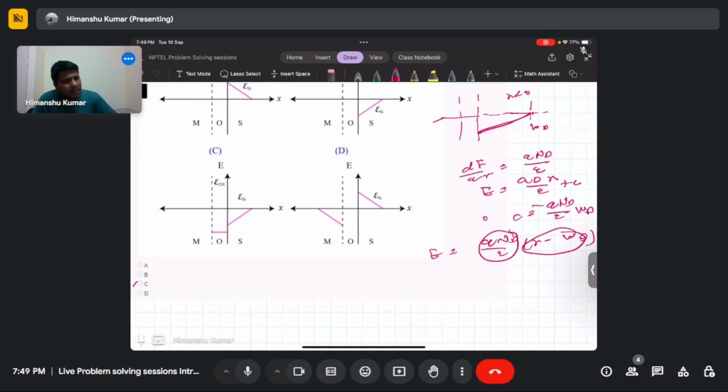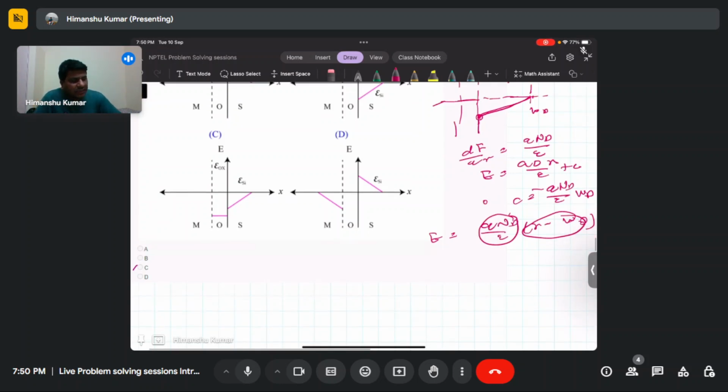Now you reach up to here, and if you move into the oxide region, because it is free of interface trap charges, dE/dx in the oxide region will be zero, so you can say E is constant.